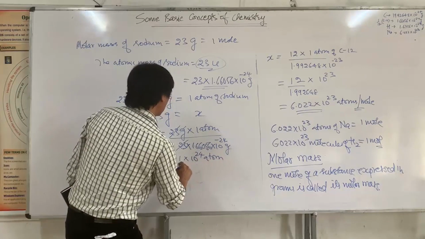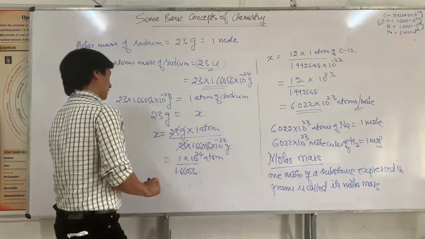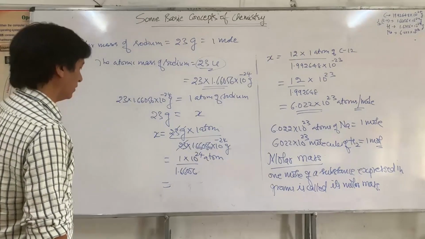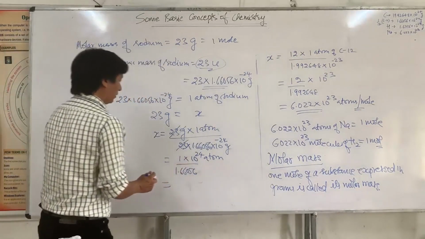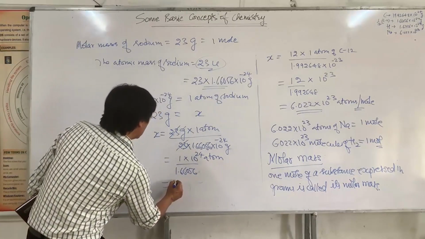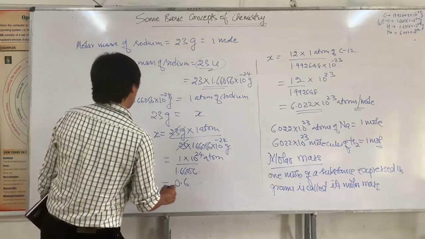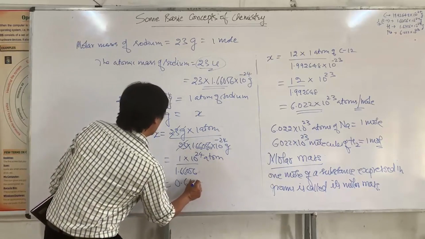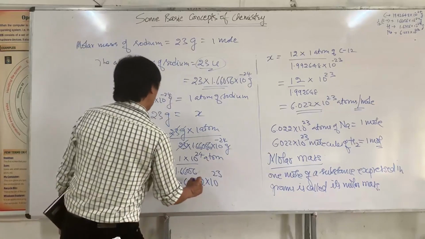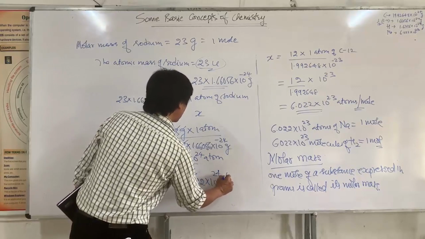And this is divided by 1.66056. So when you divide 1 by this number, 1.66 or whatever, your value here is going to be 0.6022 into 10 raised power 24 atoms.